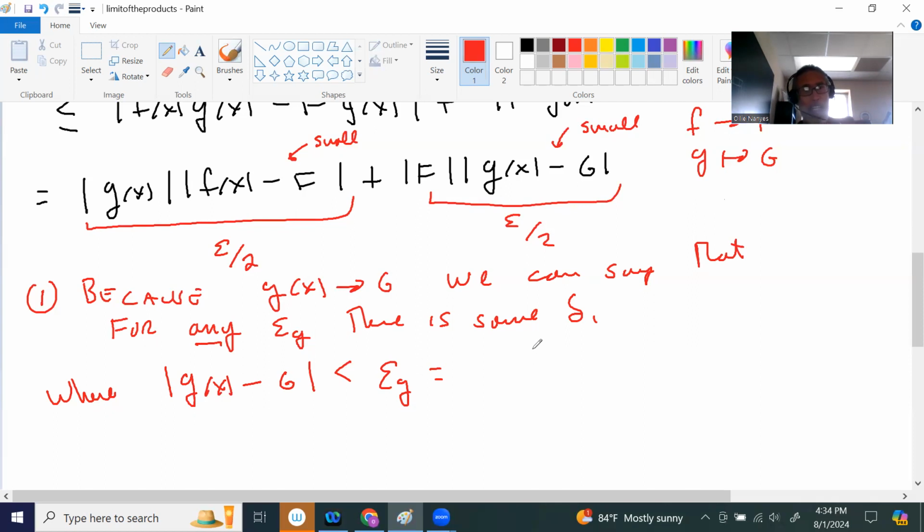So one thing we can say is we want this to somehow cancel this value here. So I'm going to say, because I want this to work out the correct way, I'm going to let this epsilon G here be less than the minimum. And I'm going to just arbitrarily pick the number 1, but you can pick any finite number here you want.